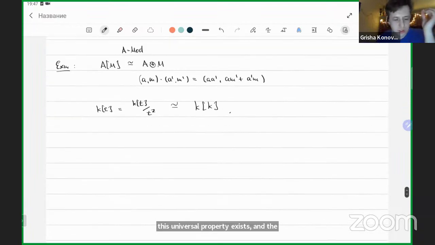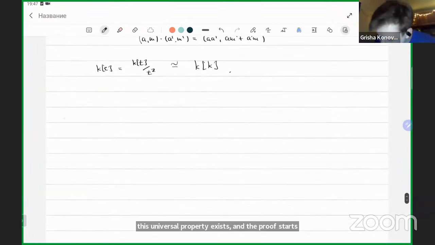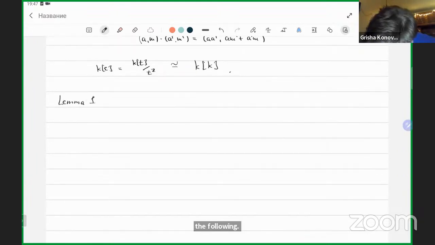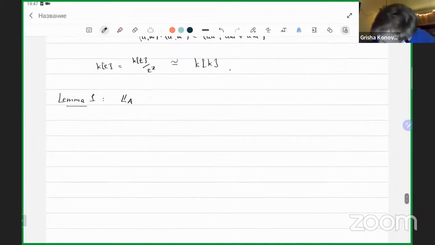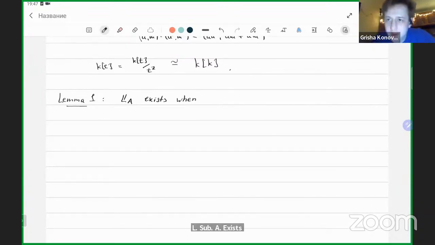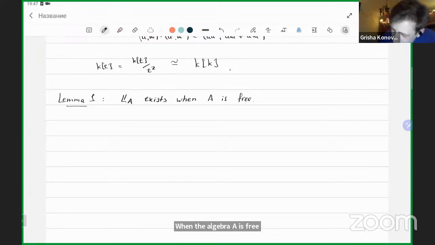The proof starts with the following lemma: L sub A exists when the algebra A is free. And the proof turns out to be pretty formal.